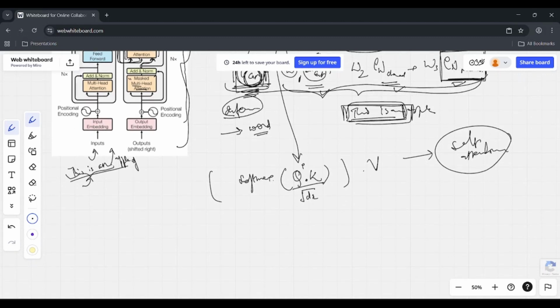What we want is that these weights should be zero, because if these weights are zero, then we will not be exposing the information. So let's say I'm finding the contextual embedding of "cat."